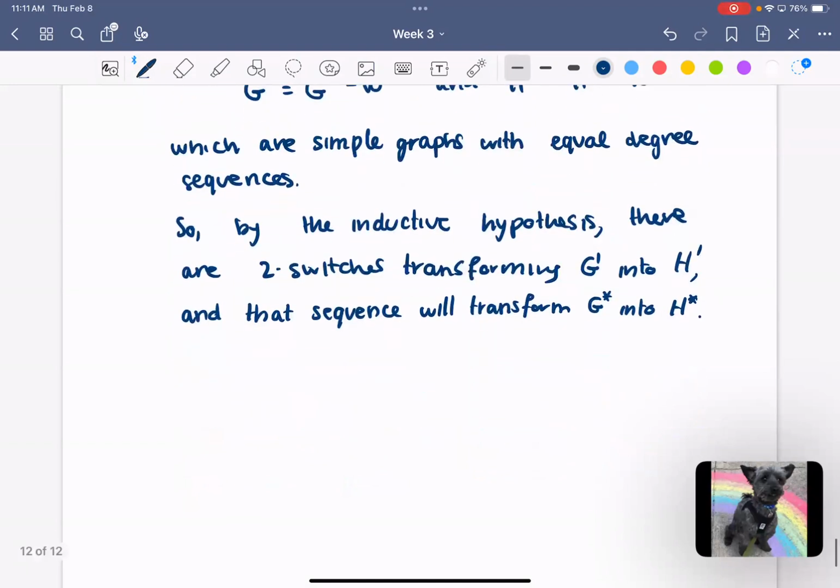So in total, to get from G to H, we need to go from G to G star by two switching, and then we have more two switching that gets us into H star, and then we need to undo the sequence of two switches that got us from H to H star. So this is reversed from the direction that we argued it.